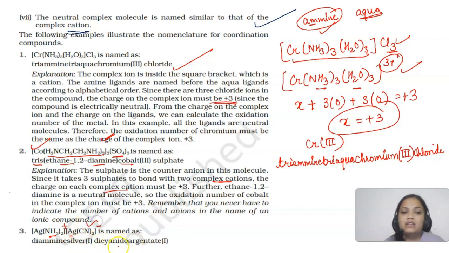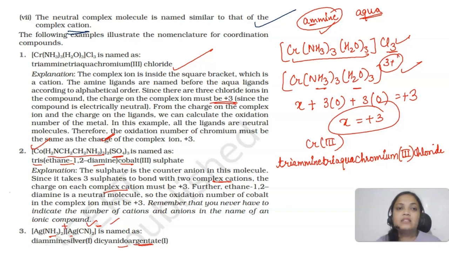CN is there, so dicyanide. Now this is negative, keep that in mind. This is a negative complex ion, so we will not write silver as it is. We have written argentate, argentate(I). Here also the oxidation number of silver will be 1.